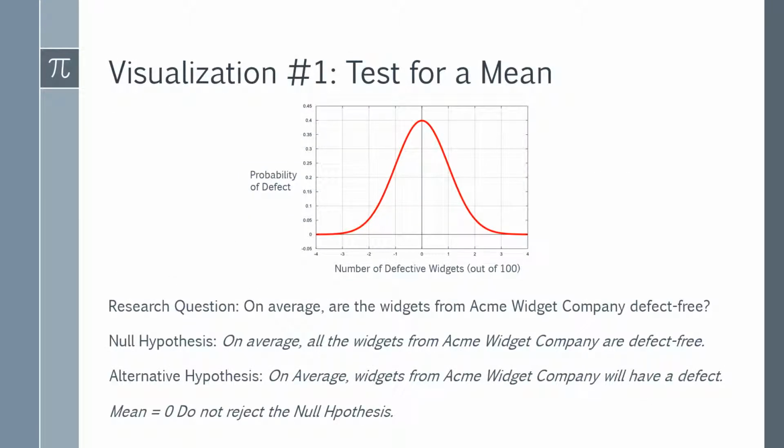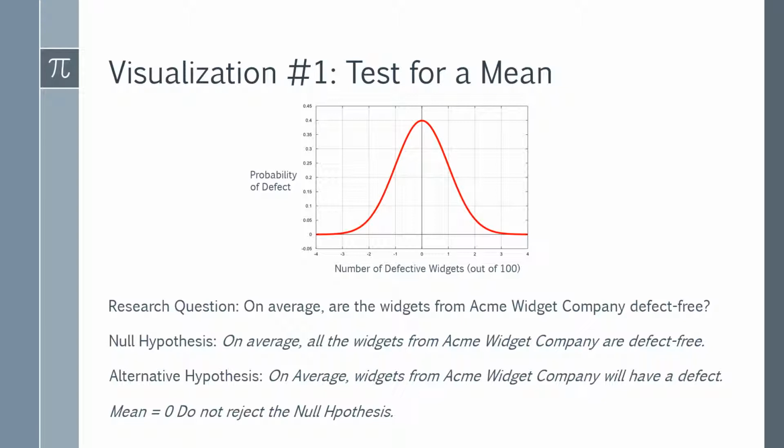Visualization number 1: the question here is, on average, are the widgets from the Acme widget company defect free? So here we have a bell curve, and the mean is the center point of the highest part of that bell curve, and we have 0 as our mean. I've come up with a null hypothesis, which is on average all of the widgets from Acme widget company are defect free, or mean is equal to 0.